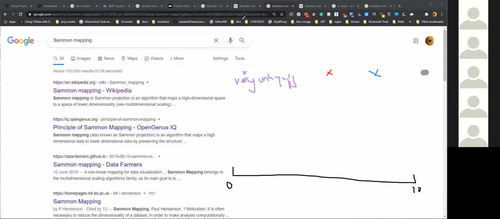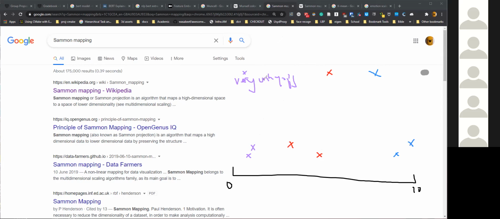So for example, let's say you have a scale from 0 to 10. When you collect the data, let's say user one might put very unhappy here, neutral here, very happy here. And then when another user enters the data, they might put very unhappy here, neutral here, and then very happy here.